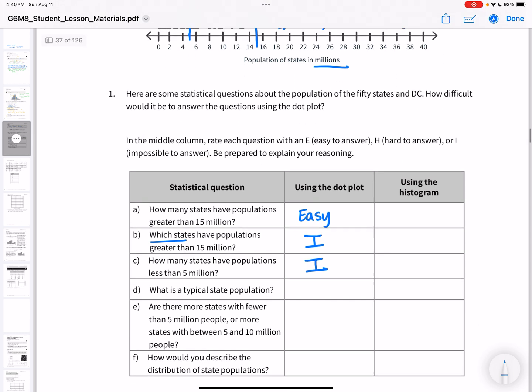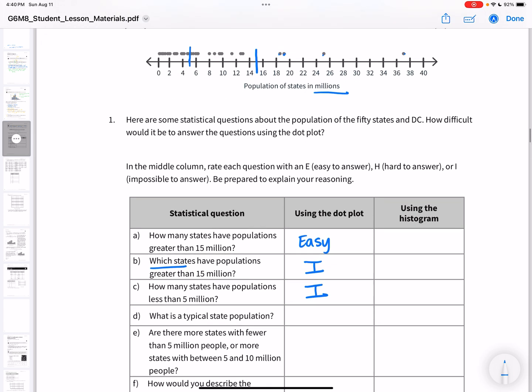D, what is a typical state population? So this one is really hard. Since so many dots are indistinguishable, meaning you can't really tell where they are, it's hard to determine a typical state population.